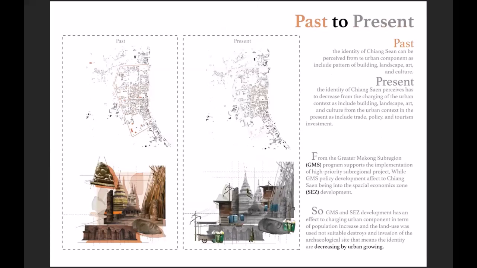The identity from the past to the present is decreasing because of urban growth, with policies such as the GMS, Greater Mekong Subregion, and the SEC policy.